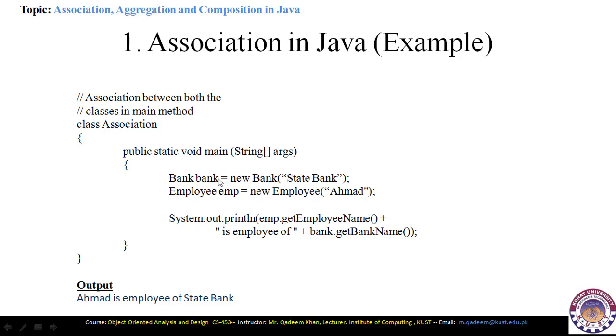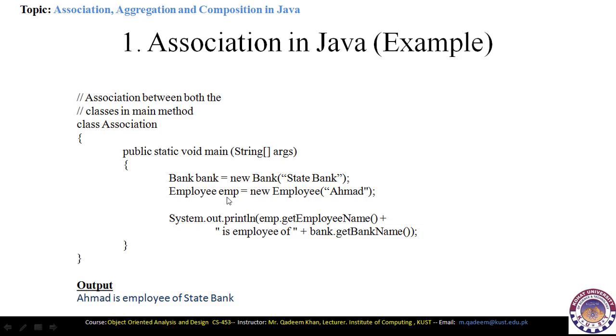Now Bank bank = new Bank("State Bank"). This is the object instantiation. Bank is the object of the Bank class, and in this constructor we have passed the name of the bank as a string.